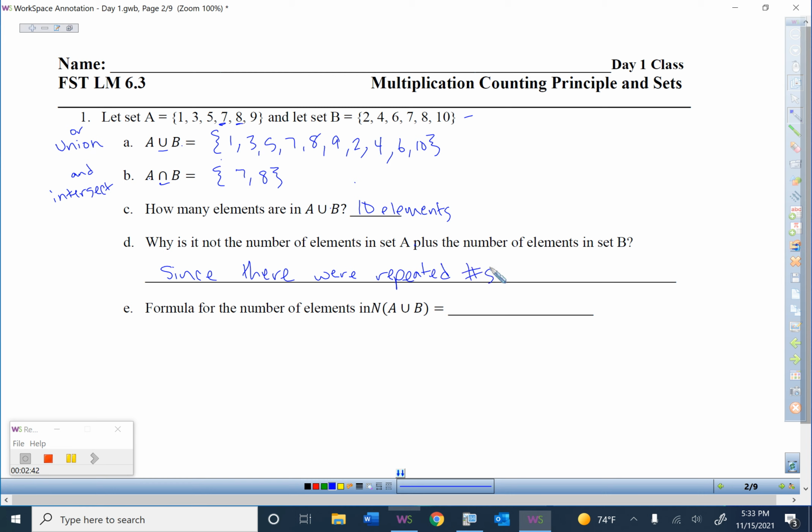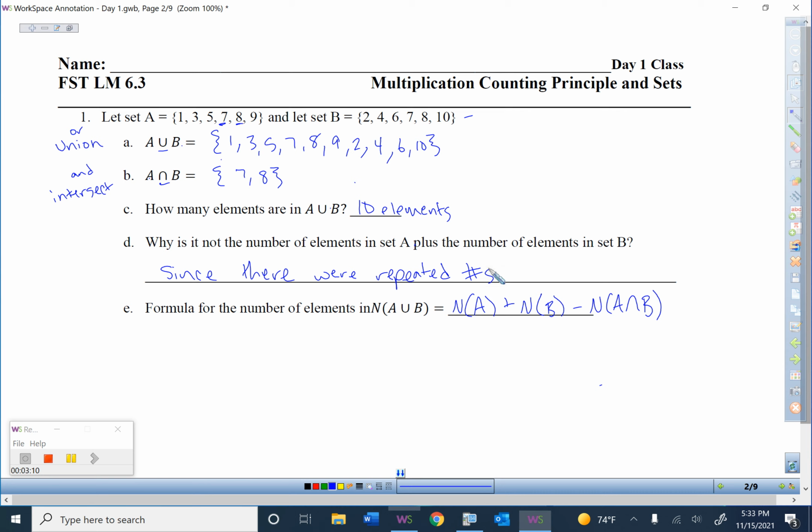Now, if our sets were what's considered mutually exclusive, or if there wasn't an overlap, then we could go ahead and do that. Okay, but the formula that we're going to use generally is the one for non-mutually exclusive sets, and that is take the number in A, add it to the number in B, but then subtract off anything that shows up in both, because you counted them twice and we don't want to.